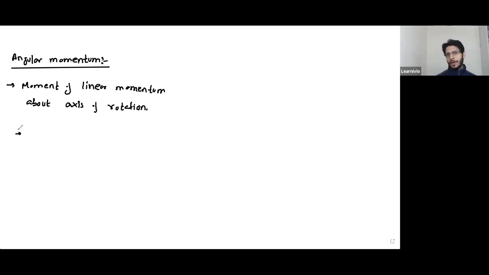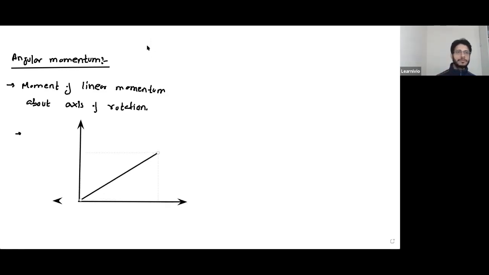The calculations of angular momentum are exactly the same as that of torque. The only difference is that instead of force, we are using momentum. So this is your body. This is fixed over this pointer.